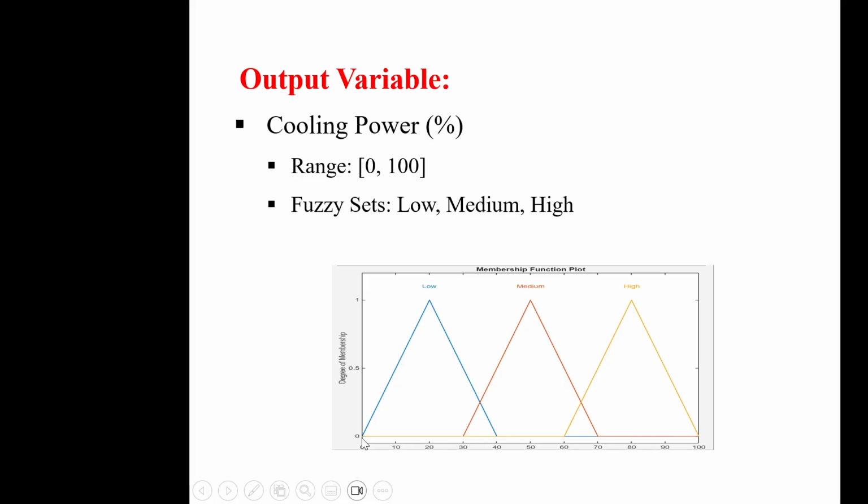For instance, here, for us to draw this low membership function, based on the range given to us, we specify 0, 20, and 40. This particular membership function is going to be produced by the system.